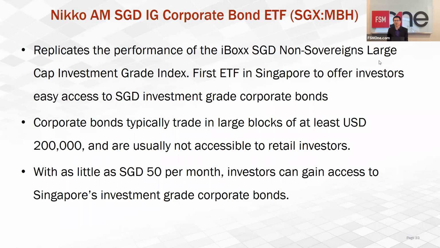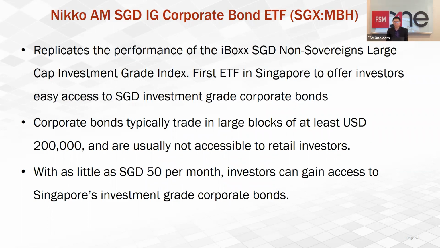So for this group of investors, what are their options? They can go for retail bonds, which require about $1,000 lump sum investment, but there are very limited options for retail investors when it comes to retail bonds. Okay, but if you want to invest in wholesale bonds as a retail investor, there is a way, and the way for you to do that is through an ETF, through this particular ETF that I'm highlighting on this slide.